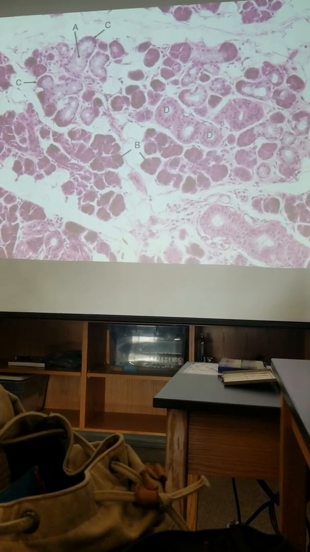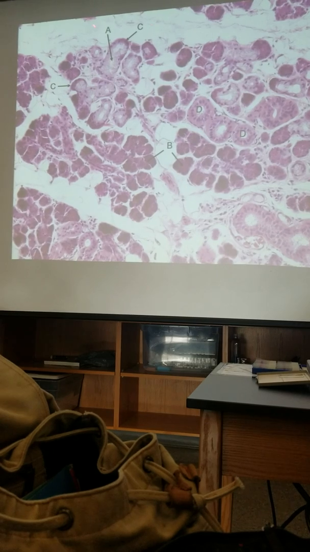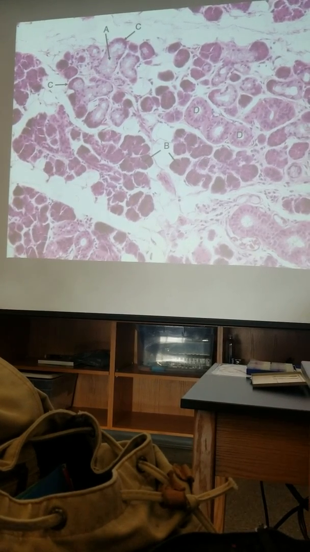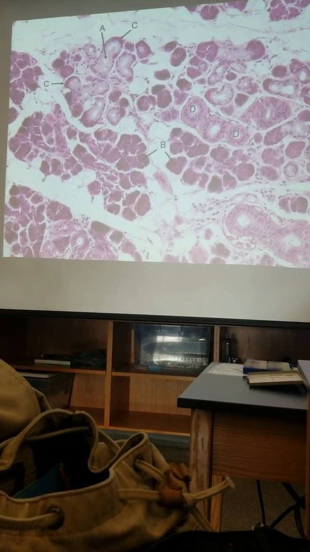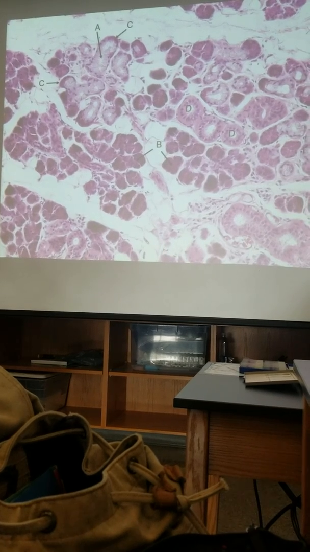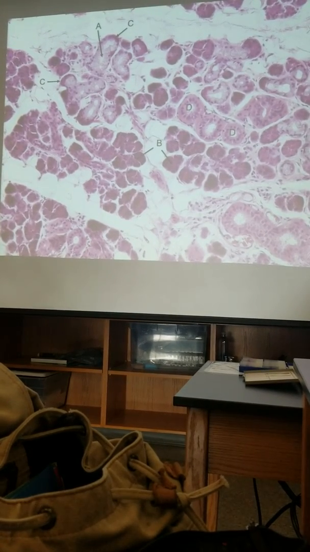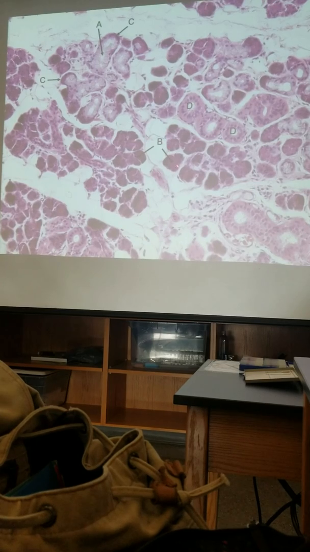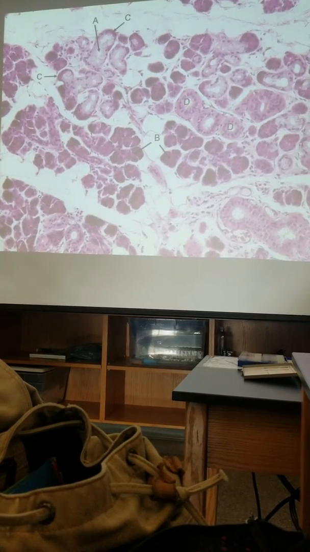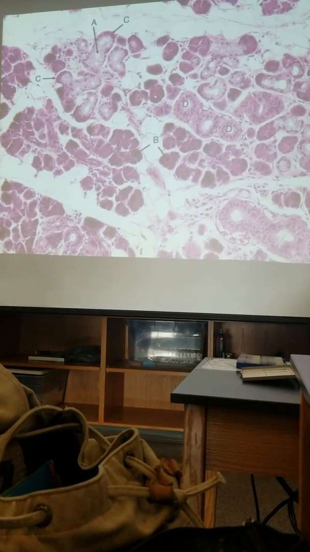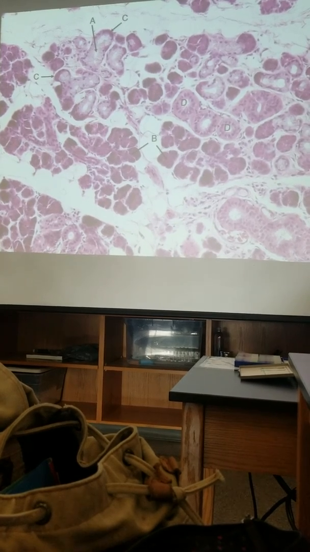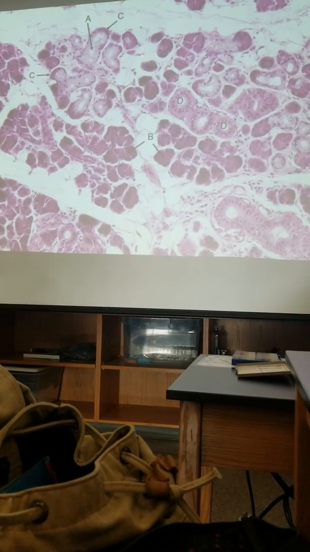All right, so we started with structures on this one. What is structure A? It's a mucus acini, mucus acinus, singular. B would be serous acinus. Tremendous difference in staining, really easy to point out. What is the structure at C?